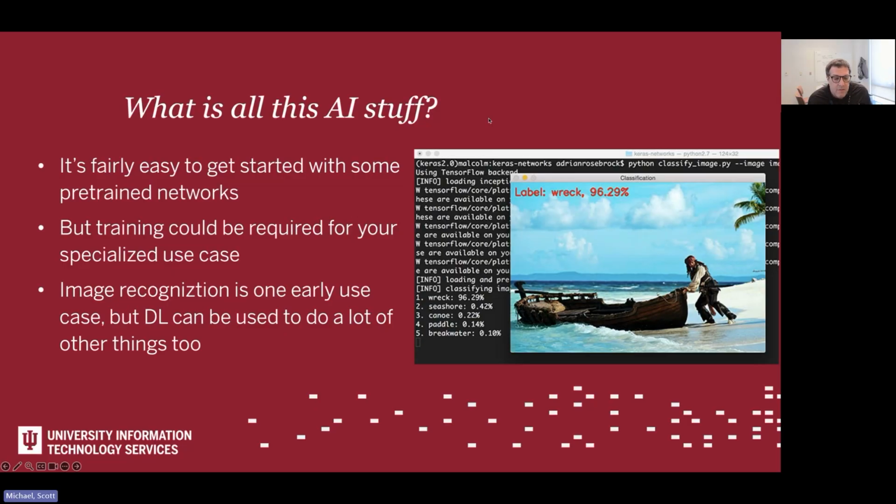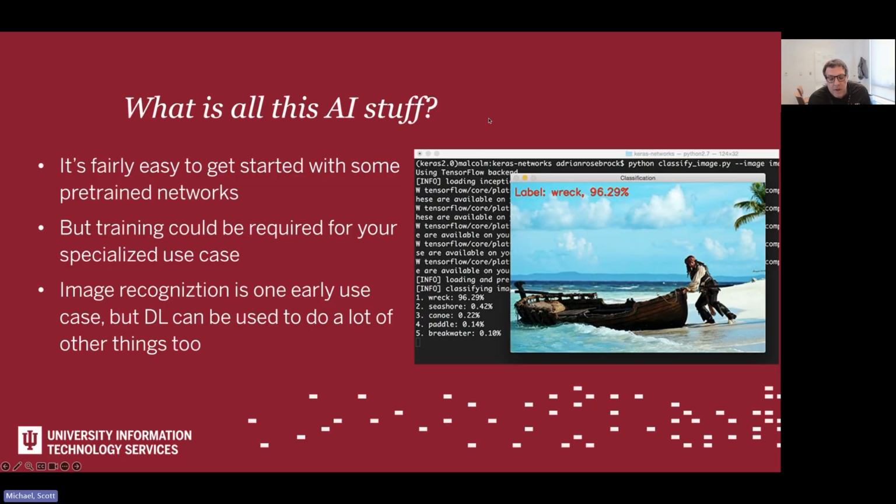So image recognition was one of the first use cases. This is something from several years ago. And you can today take any sort of pre-trained network and put in images, and it will be able to classify with a very high degree of accuracy.